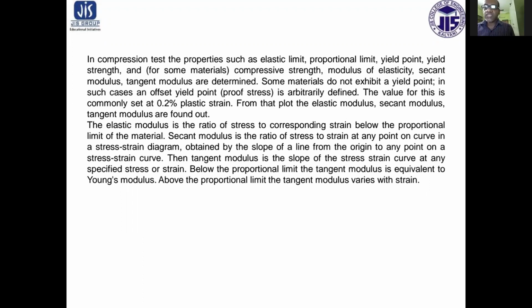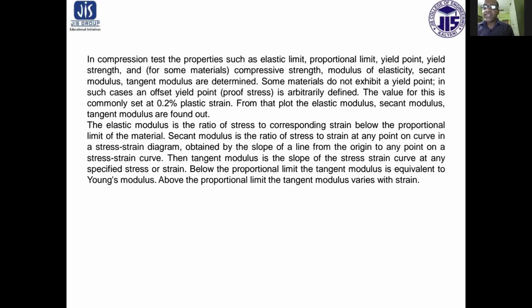The elastic modulus is the ratio of stress to corresponding strain below the proportional limit of the material. Secant modulus is the ratio of stress to strain at any point on the curve in a stress strain diagram, obtained by the slope of a line from the origin to any point on a stress strain curve.